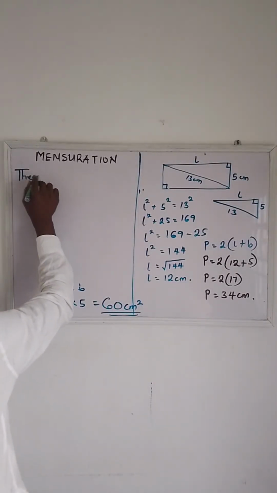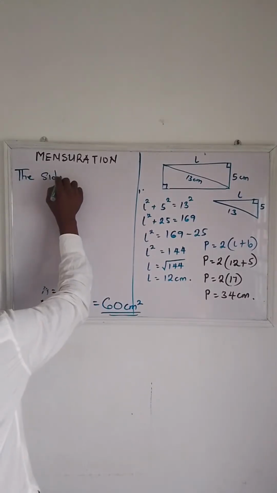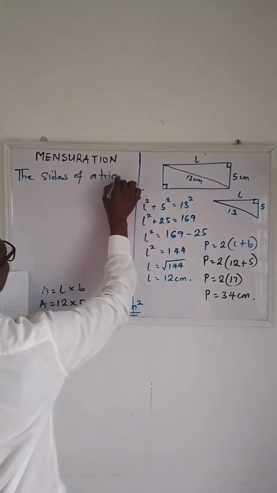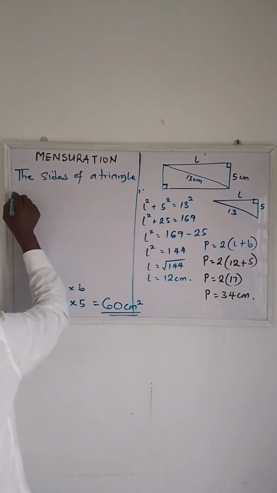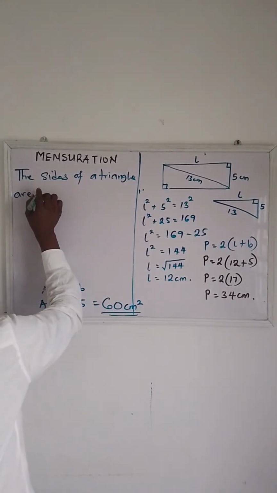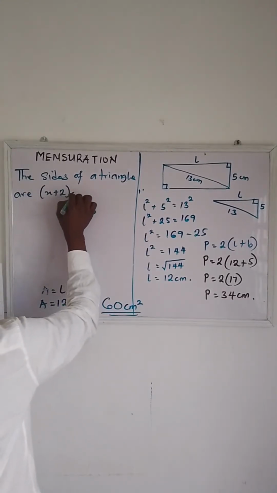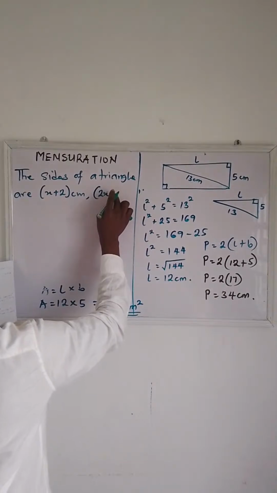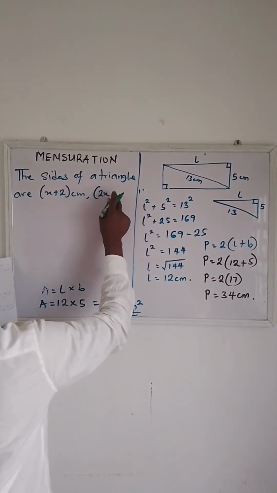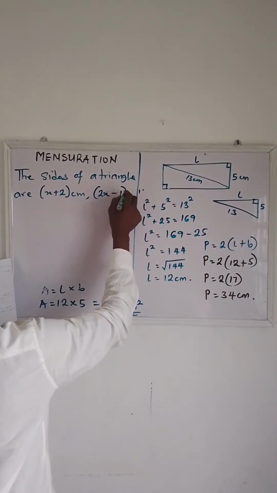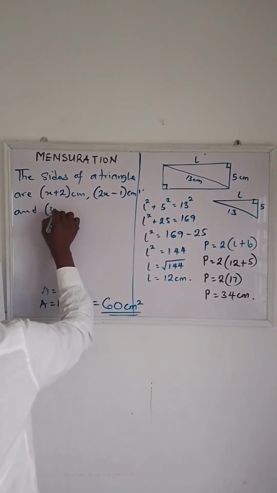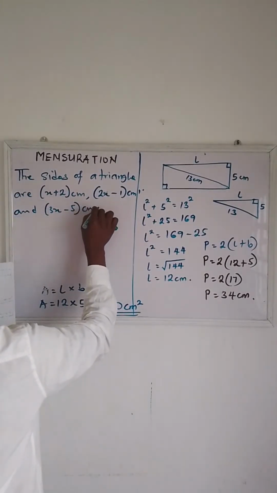The sides of a triangle are x plus 2 centimeter, 2x minus 1 centimeter, and 3x minus 5 centimeter.